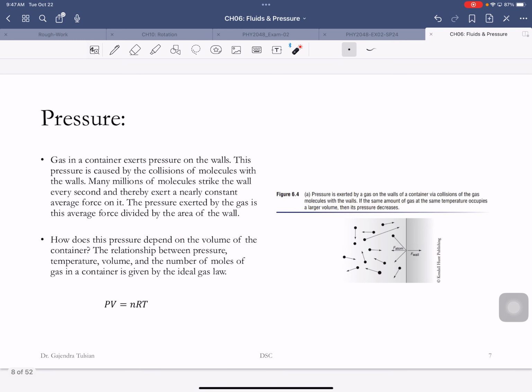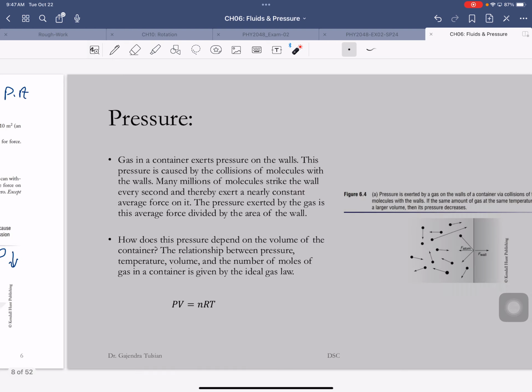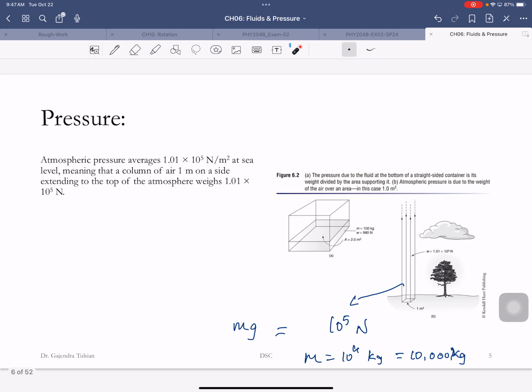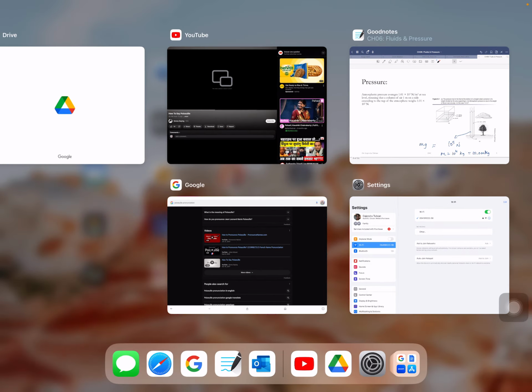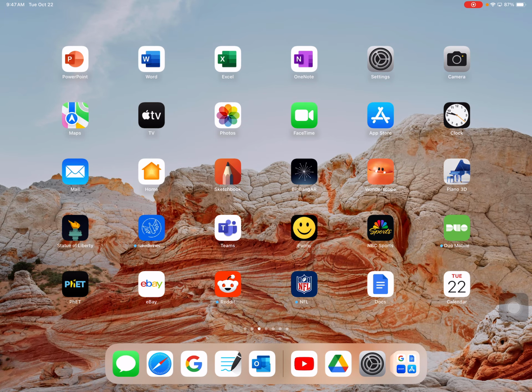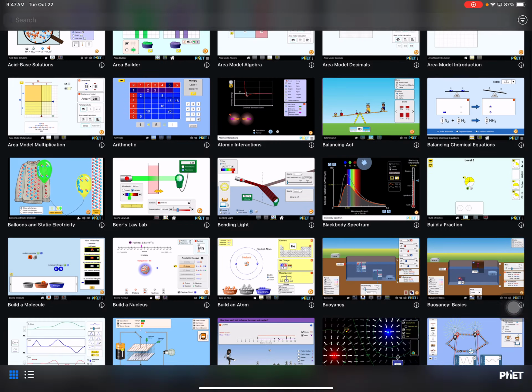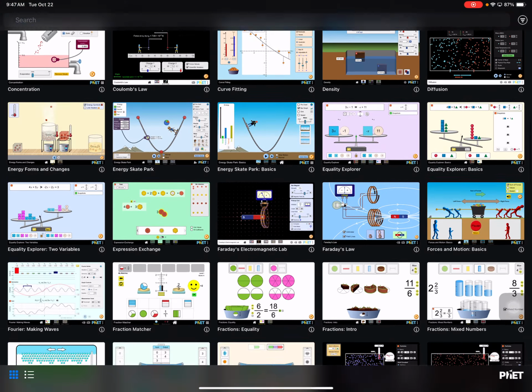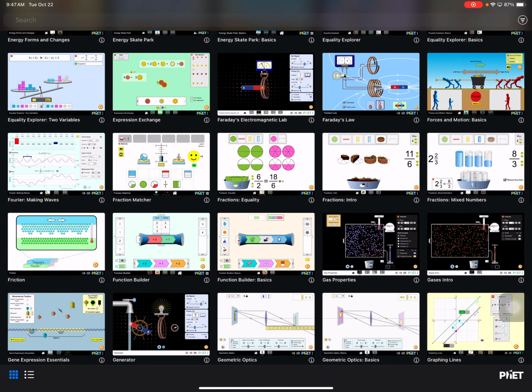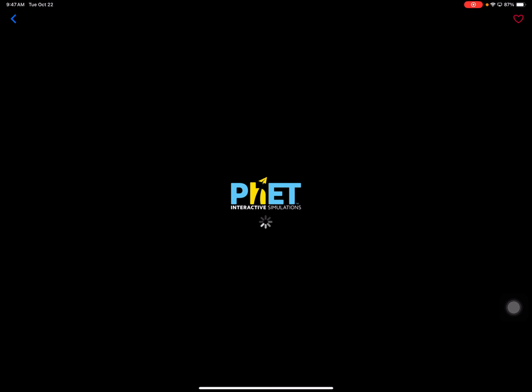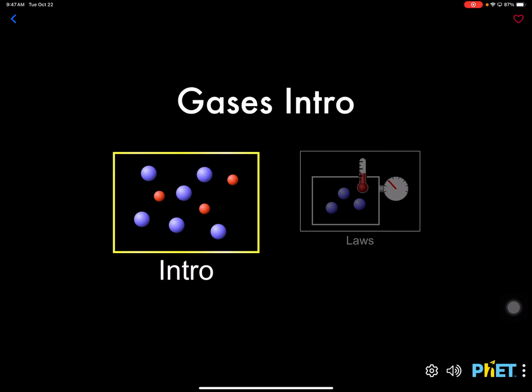All right. So we said pressure is due to the weight of this column of air. Here's a microscopic view of pressure. So what is atmospheric pressure in PSI? What did we say is atmospheric pressure in PSI?